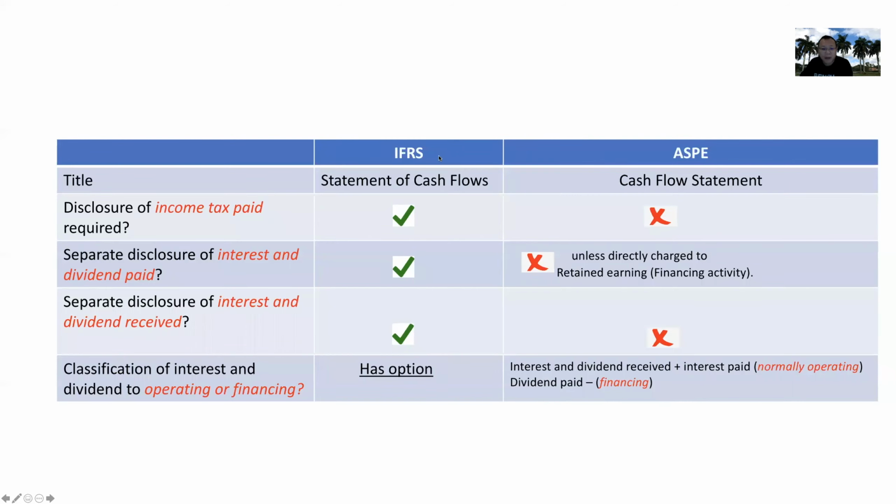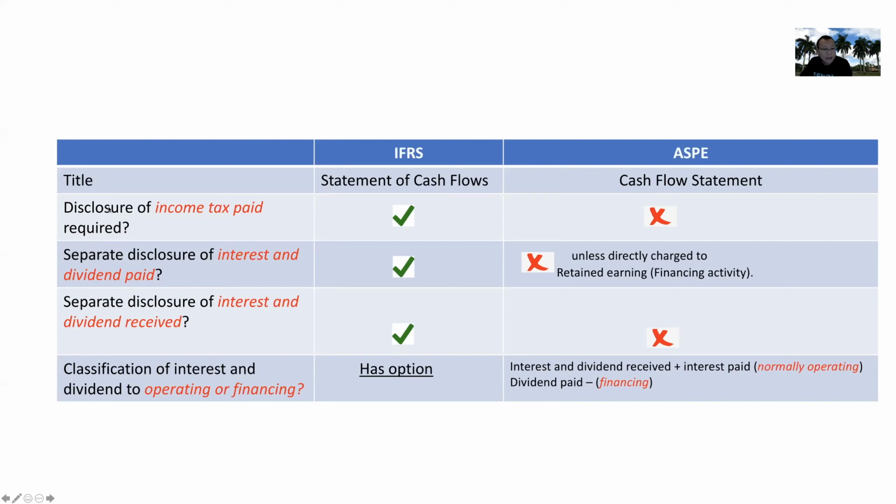So let's compare the differences between the two financial accounting standards. For title, under IFRS, we call it statement of cash flows, and ASPE calls it cash flow statement. Just some subtle difference in the title.